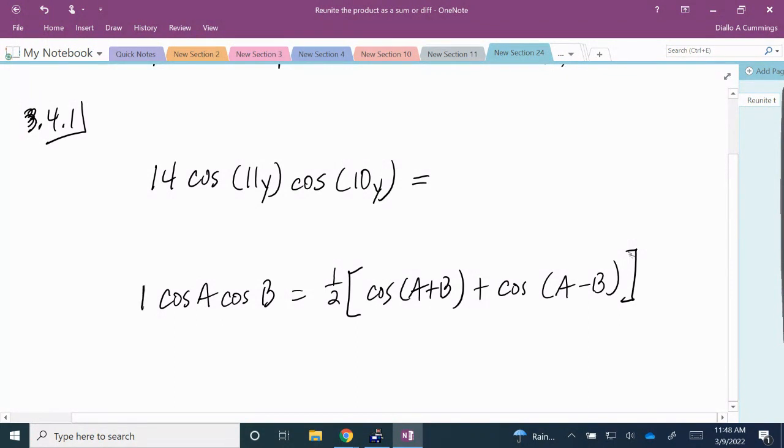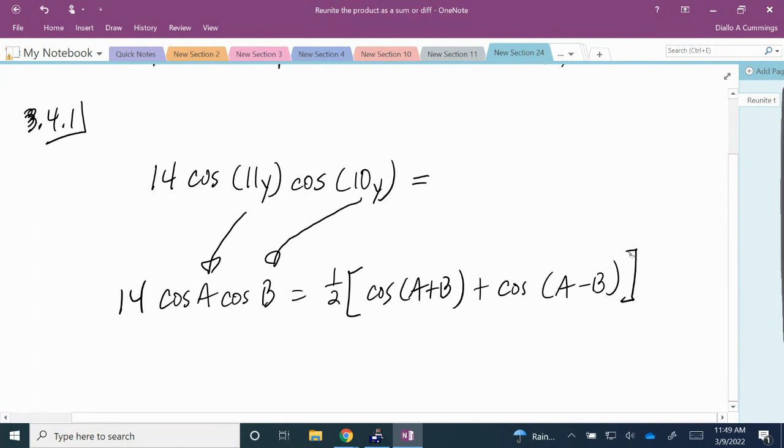In my formula I could substitute 11y for A and 10y for B. But in the formula, the coefficient for that cosine A, cosine B term is a 1. We need the coefficient to be a 14, so then it would line up exactly.